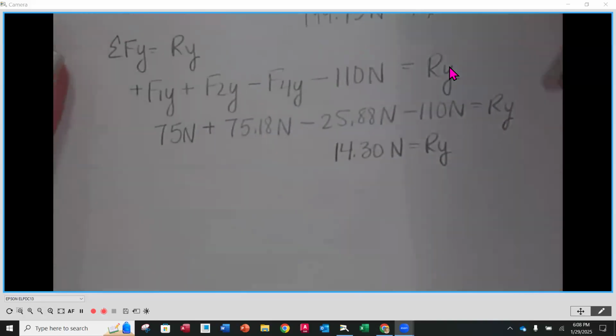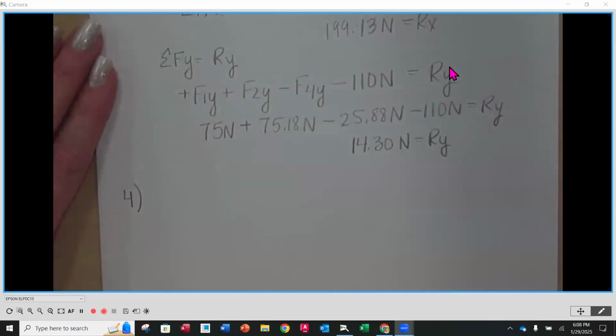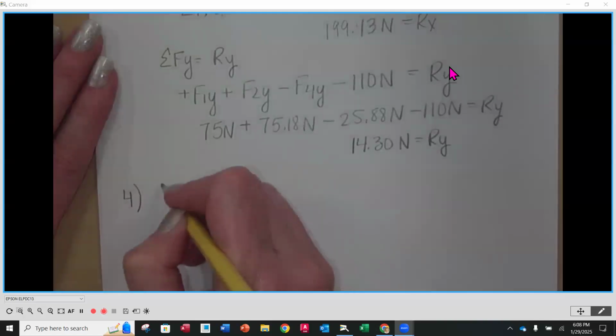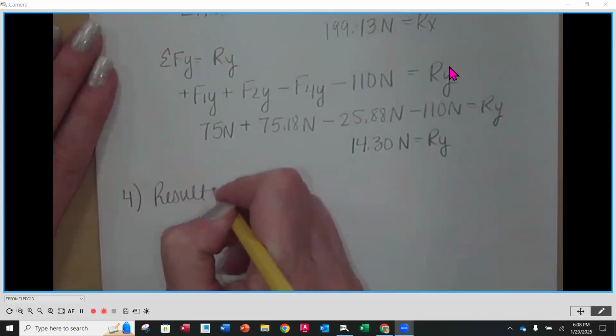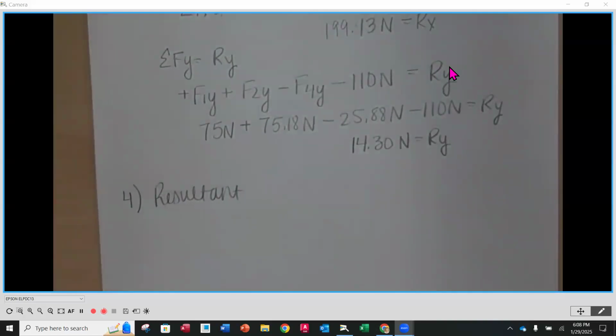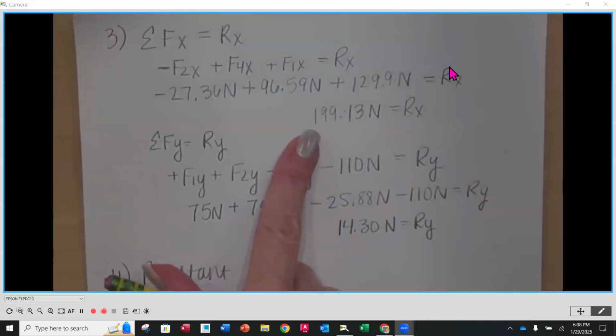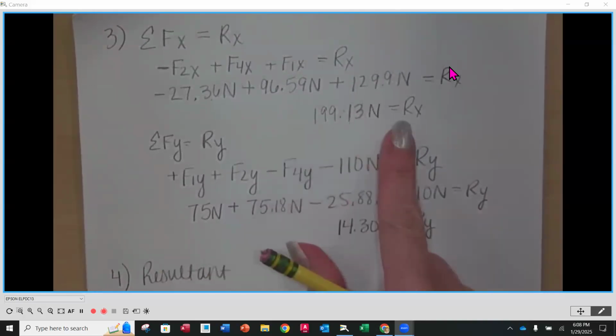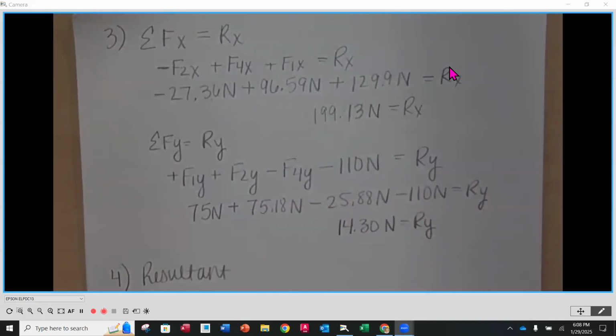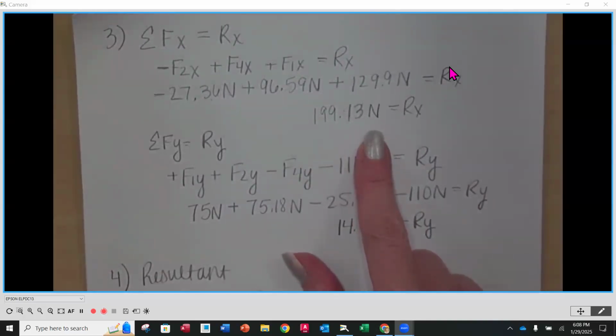So our step number 4 now is going to be calculating the resultant. Finding its magnitude and its direction. Now, you will draw your X and Y components. So here's our Rx. That means this is going along the X-axis to the right, and it's going to have a magnitude of 199.13 newtons.